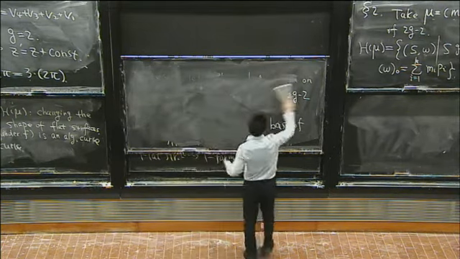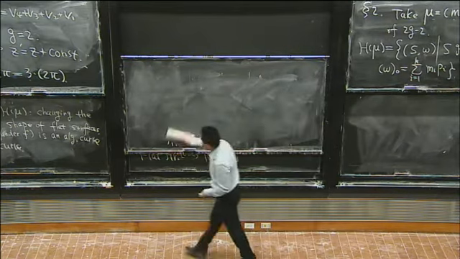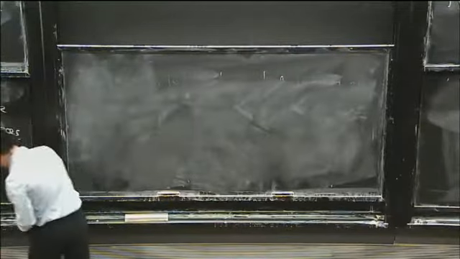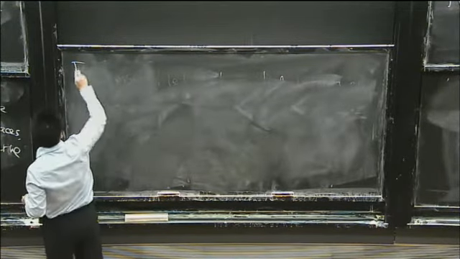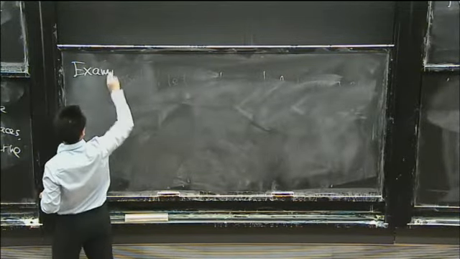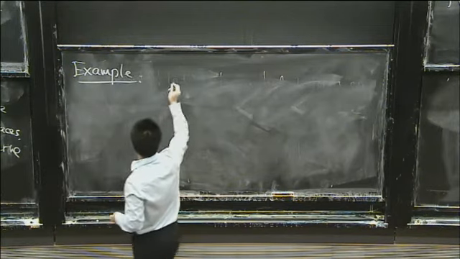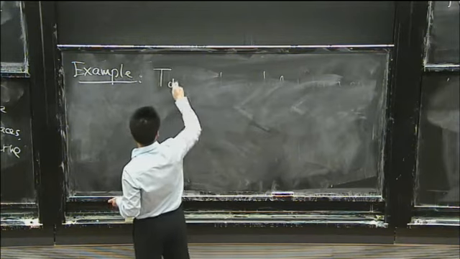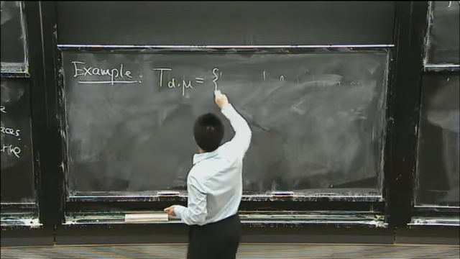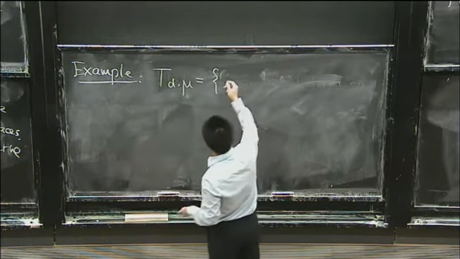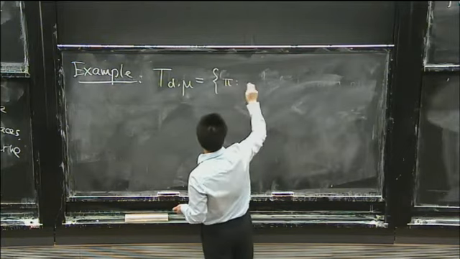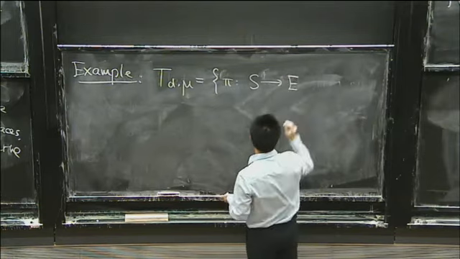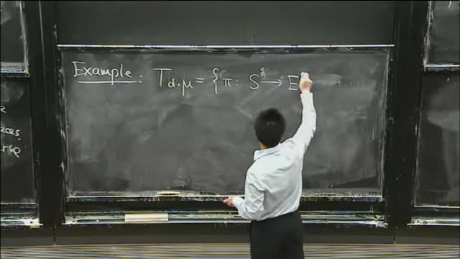But anyway, why don't I give you some examples to make it more concrete? Let's consider the following Hurwitz curve, denoted by T_D mu, which parameterizes a branched cover pi from some genus G Riemann surface S to a torus or elliptic curve. So this is genus G, this is genus 1.